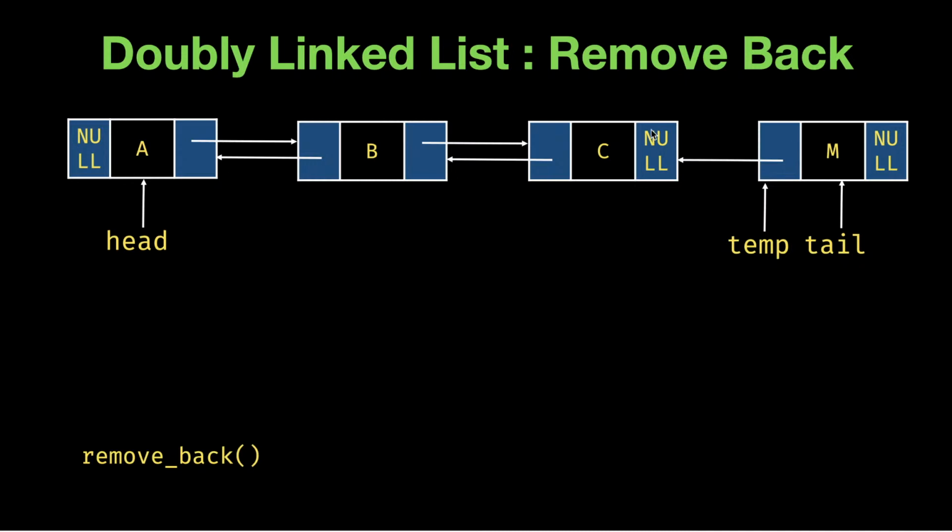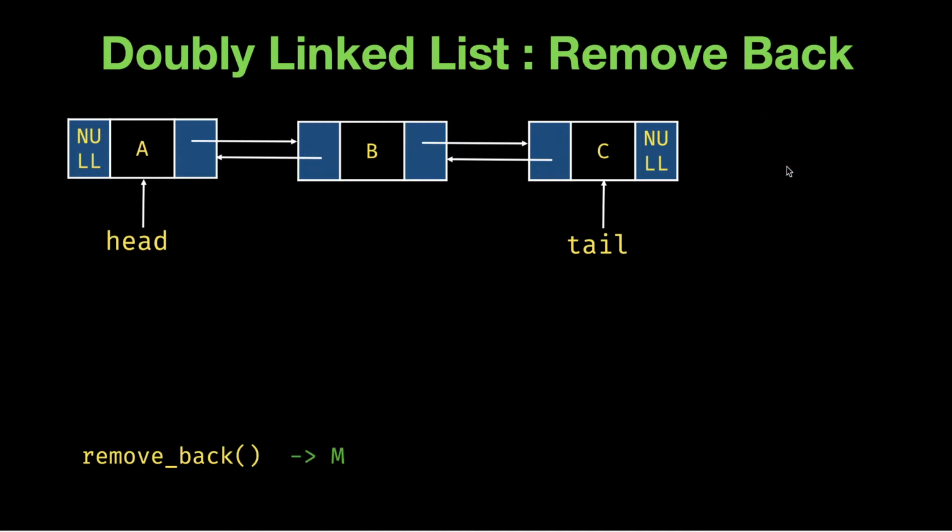So we will just say that the second last node's next element will be null, and we will make the tail point to our second last node. Now we can safely delete this last node because it is no longer needed, and this will return m to us, because that was the element to be removed, right? Whenever we remove an element, we return it back, so it will give us m back, and this will clearly be O(1).